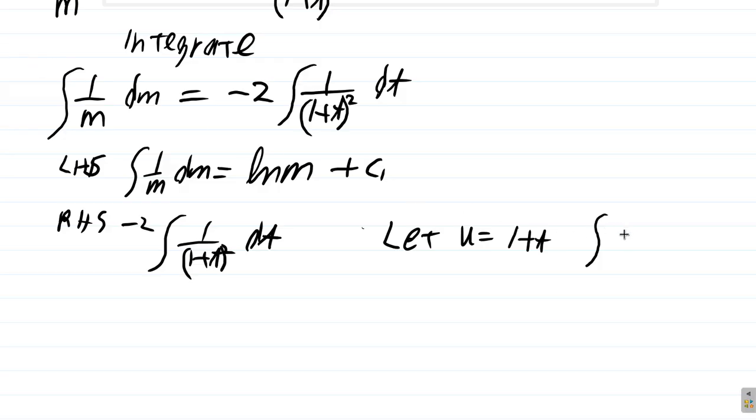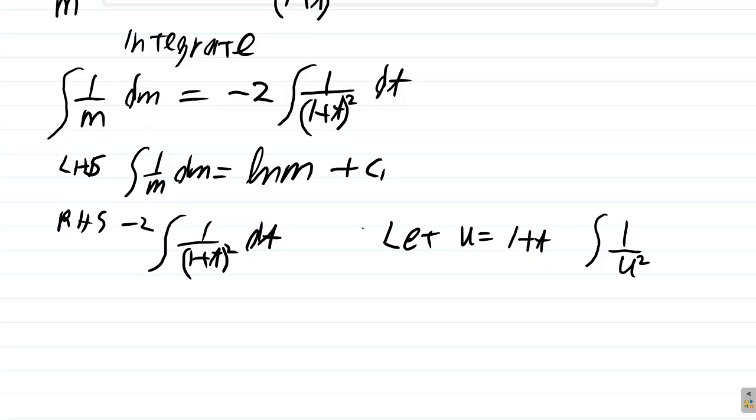So we're integrating. I'm going to ignore the negative 2 for now. I have to try and remember that it was there. Alright. 1 over u squared, because it's 1 over 1 plus t all squared, right? Let me move the square away a bit, so you can see them clearly. So it's 1 plus t all squared. So use 1 plus t.